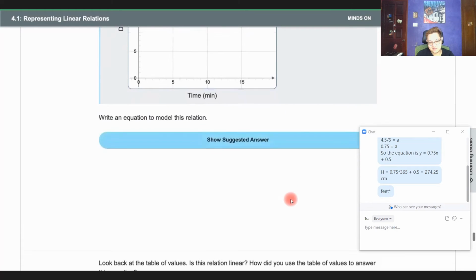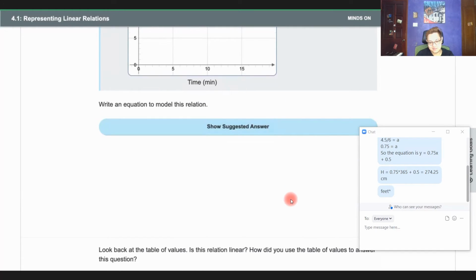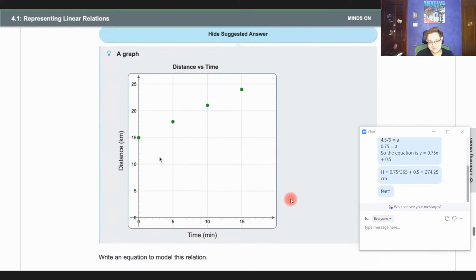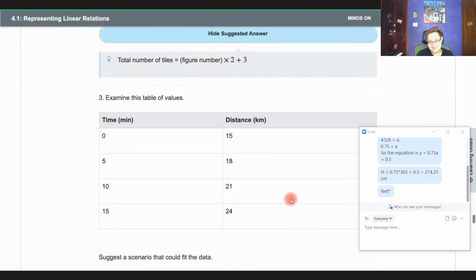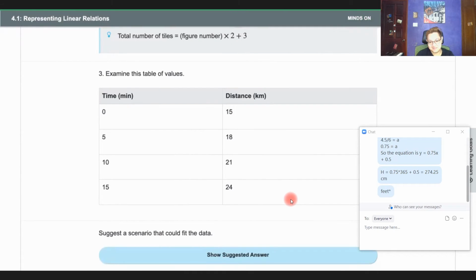Create an equation to model this relation.